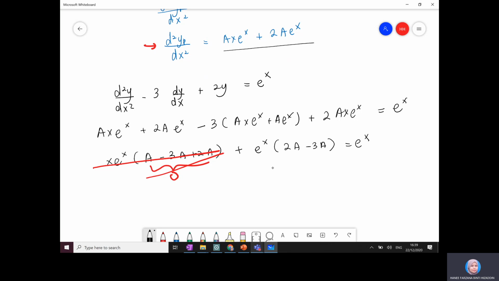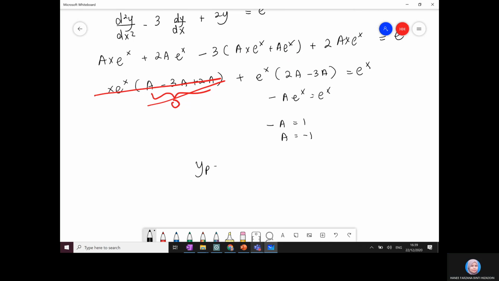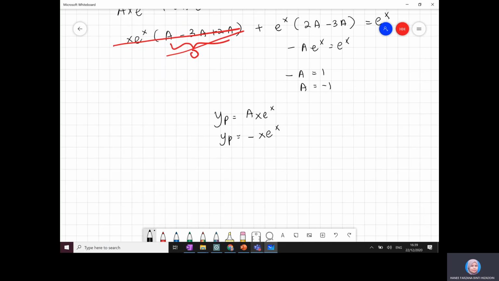Then you have negative A e^x equals e^x. So you can compare the coefficients. Negative A equals 1, thus A is negative 1. Thus your yp is A x e^x, so your yp is negative 1 times x e^x, or just negative x e^x.